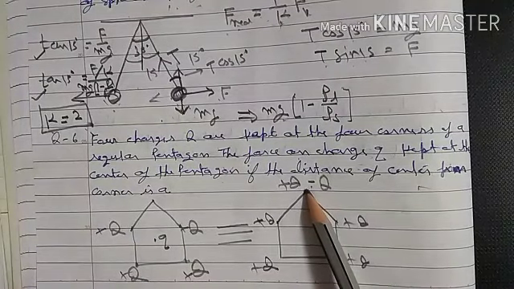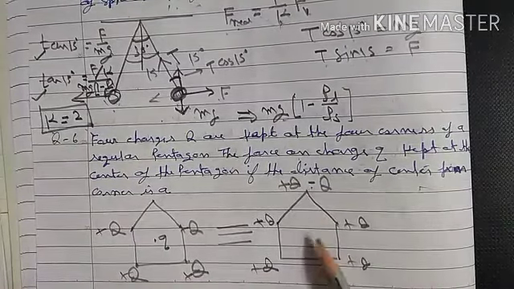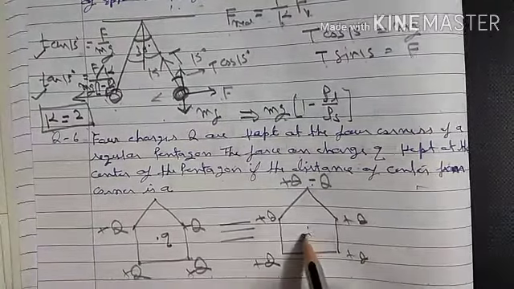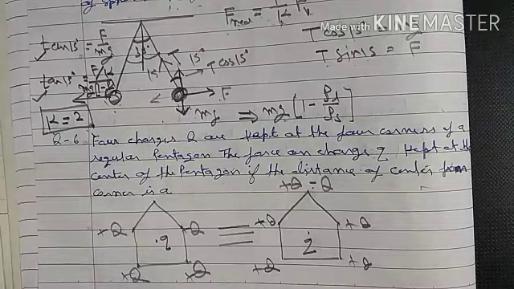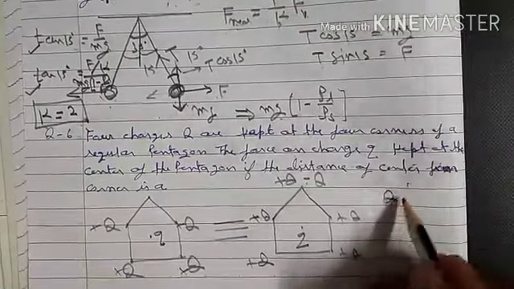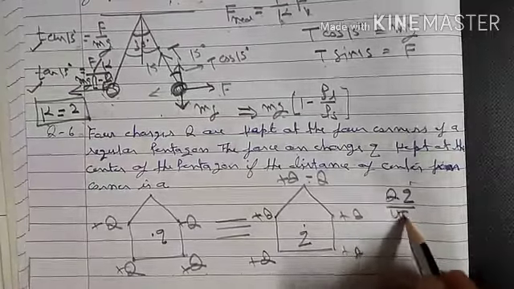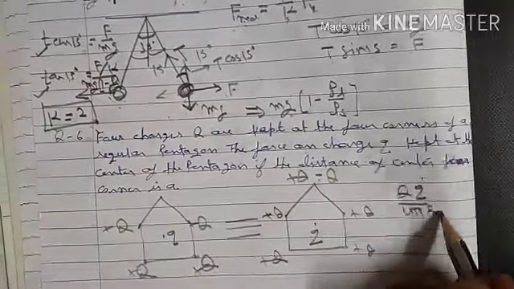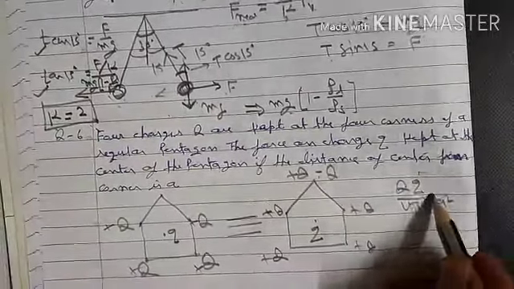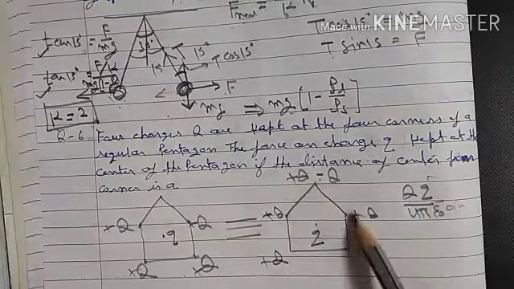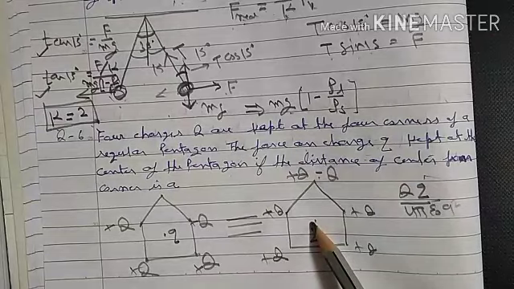Getting it? So now the force on this small Q kept at the center will be Q divided by 4 pi epsilon naught A square. Why? Because the forces balance each other.